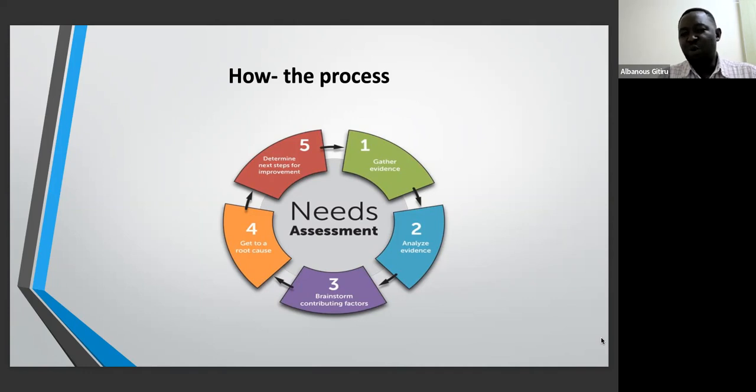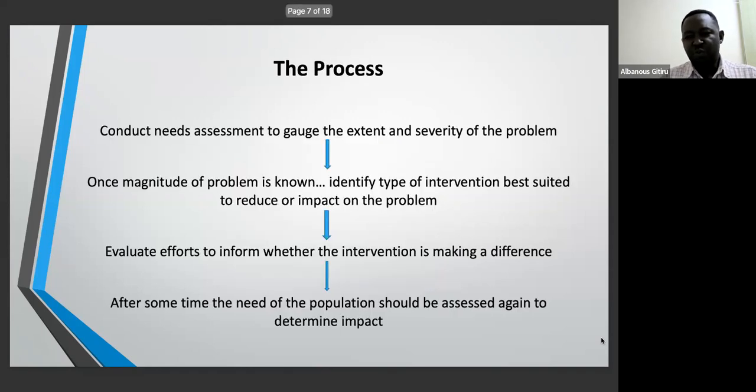It's a very small illustration, but really this speaks a lot in the development world. I would want to just run you through these 5 steps, but with a program in mind. So this is the process. Conduct needs assessment and gauge the extent and severity of the problem.